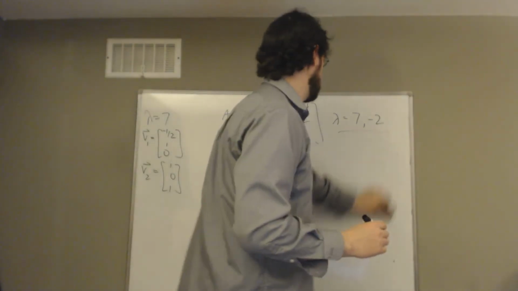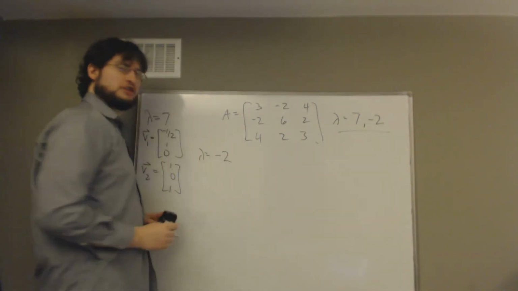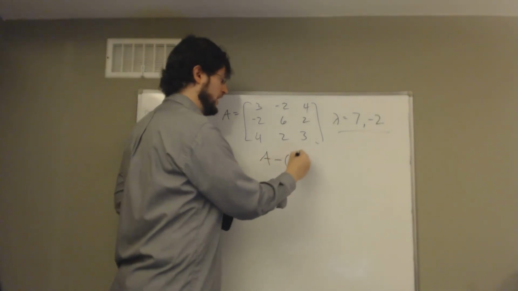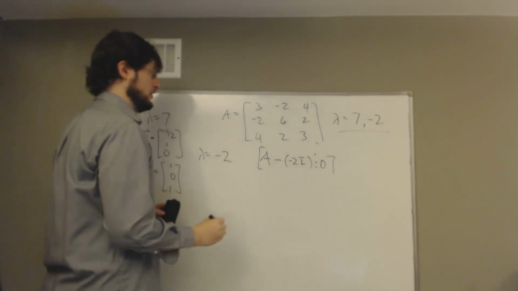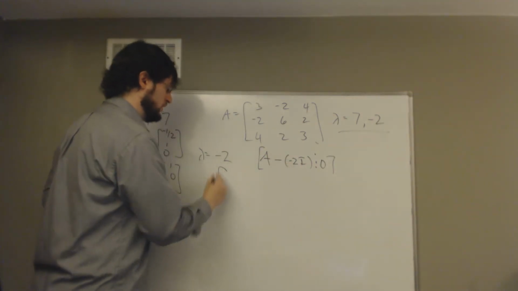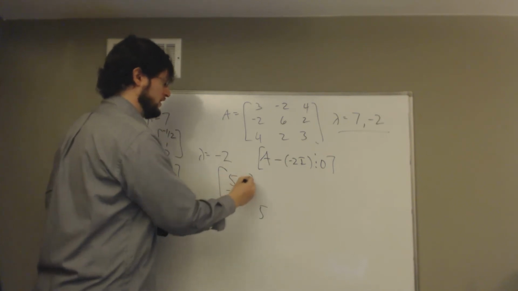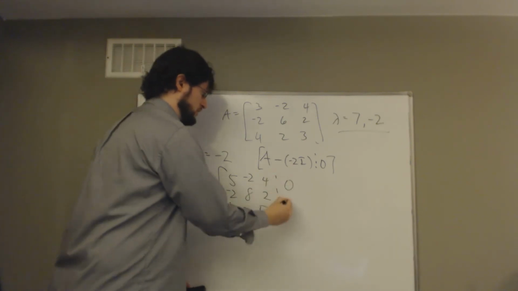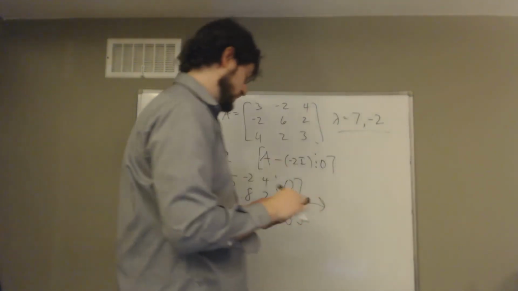We also have to do our other eigenvalue, minus 2. So if we look at lambda equals minus 2, we're looking at A minus (minus 2)I set equal to 0. So that's plus 2, which becomes 5, 8, 5, and nothing else changes. Set equal to 0. And again, we're looking to row reduce.